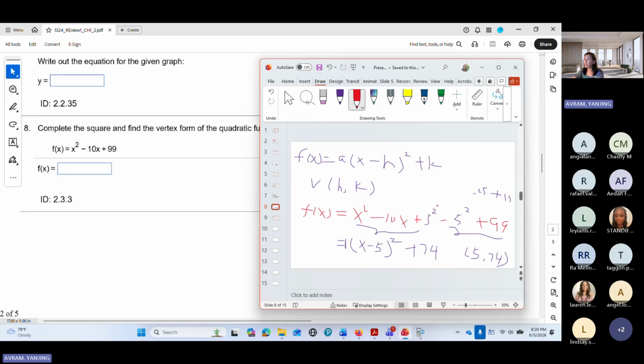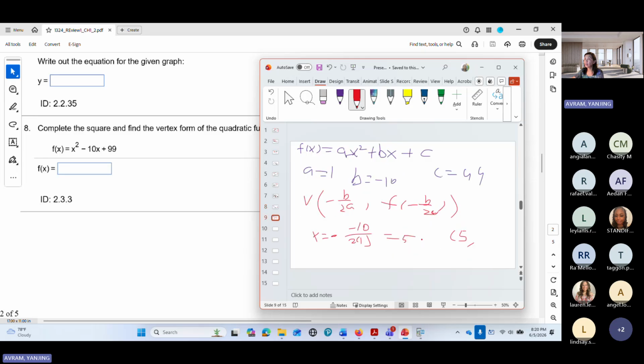Look at it. It's the same thing as we just did here. The vertex x is 5. I can just use the negative b over 2a, and I already found the 5. So how do I find my y for the vertex? I just use this x value, which is equal to 5, and plug it into the original one. So replace x by 5.